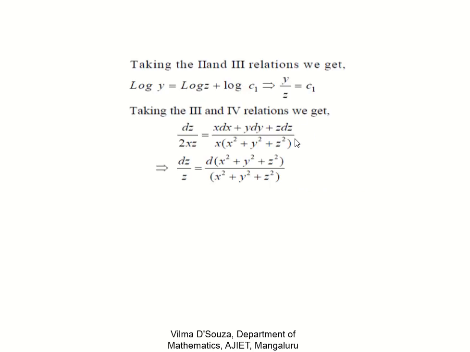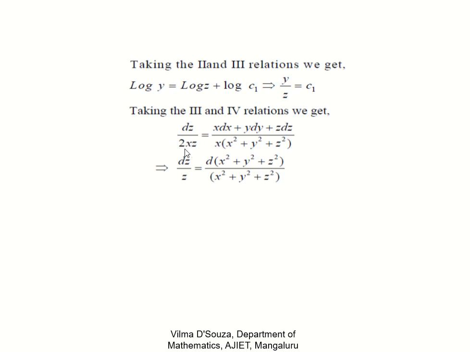So you are left with x² + y² + z² in the denominator. X you cancel. dz/2z = (x dx + y dy + z dz) divided by x² + y² + z².